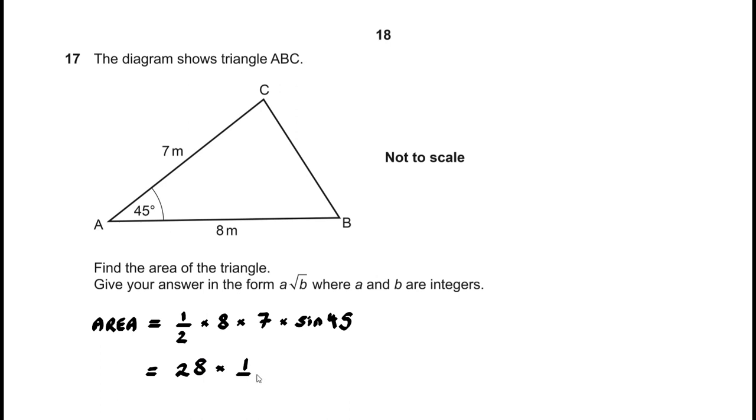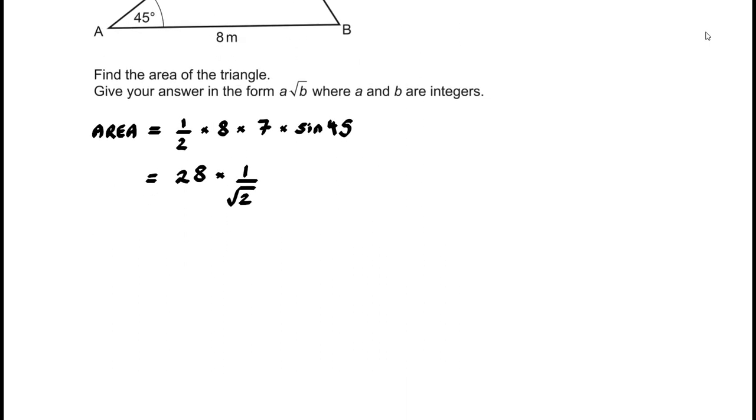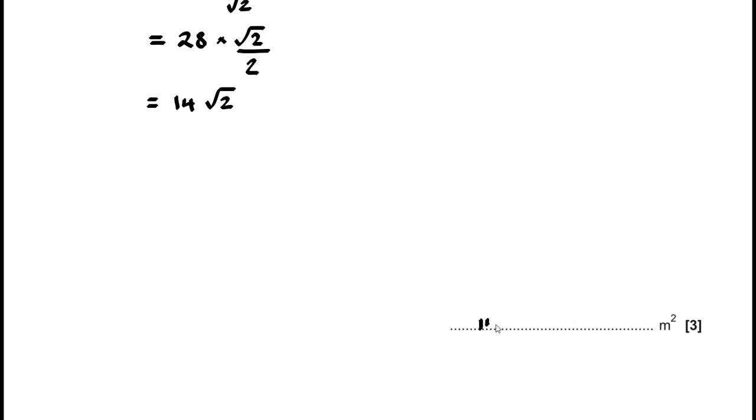The sine of 45 is 1 over root 2, which is root 2 over 2. So I've got 28 times root 2 over 2. So it turns out we get 14 times root 2.